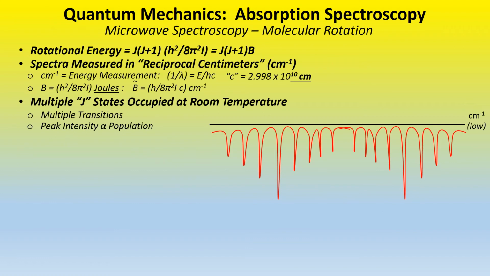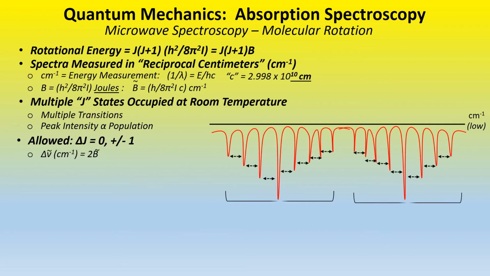Since you are absorbing electromagnetic radiation in a quantized fashion, the allowed changes in J are 0 and plus or minus 1, corresponding to the spin of a photon. Therefore, you have an even spacing between any given transition.